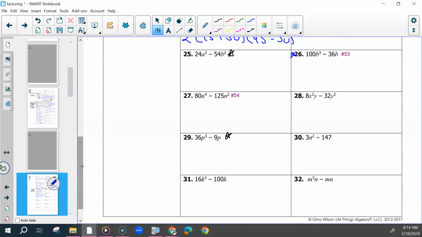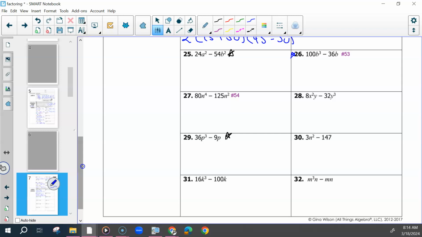Let's do 27. Find the GCF of 80 and 125. Do they have anything else in common? And how many n's? 2.